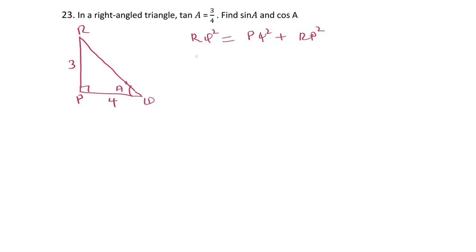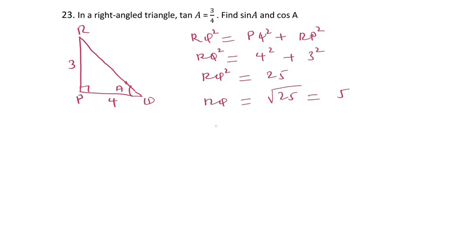So we are going to have RQ squared equals 4 squared plus 3 squared. Solving this, we are having RQ squared equals 25. Next, let us apply the root. We are having RQ equals under root 25, of which after solving the values, we are getting 5.